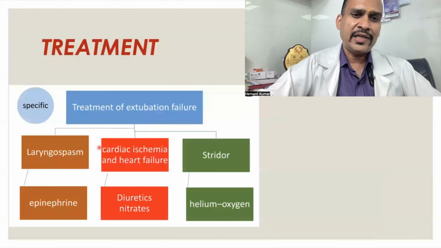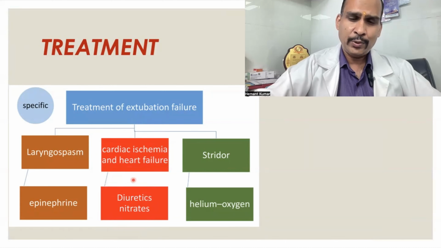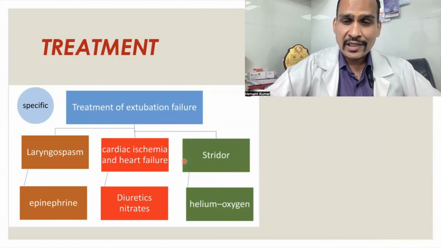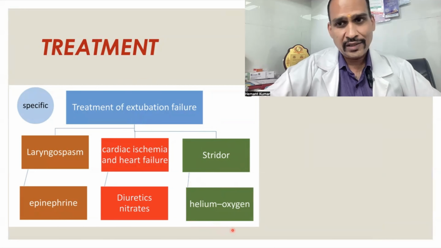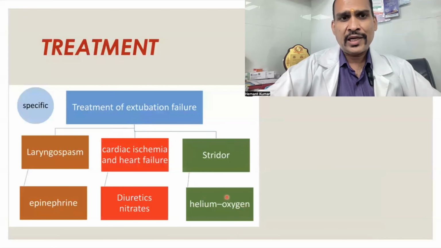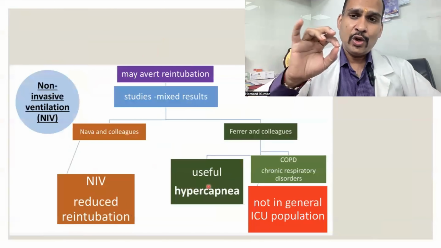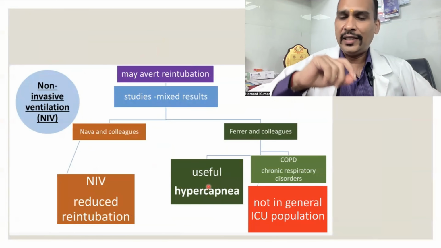If the patient has cardiac ischemia or heart failure, then you can give diuretics and nitrates and address the cardiac issue. If the patient has stridor after extubation, then you can give a helium oxygen mixture or steroid. So by relieving stridor, we can prevent extubation failure. If you are not able to find a specific cause, then you can think of NIV.